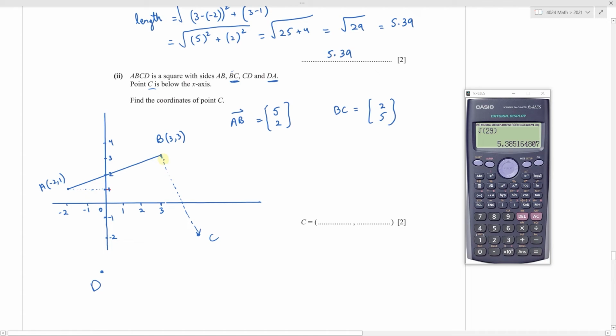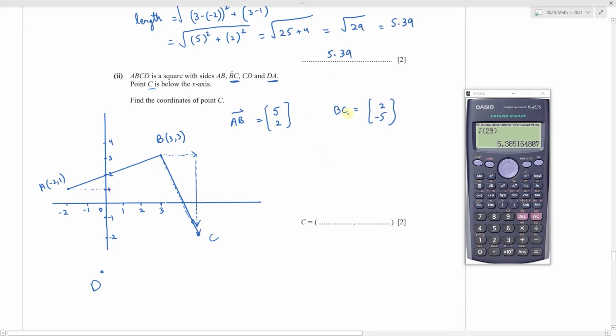Actually, let me draw a solid line. So this is your BC. So you're going some value in positive X, which is 2, and then you're going some value in the negative Y direction. So negative 5, you have negative 5 here because you want to come down below the x-axis.